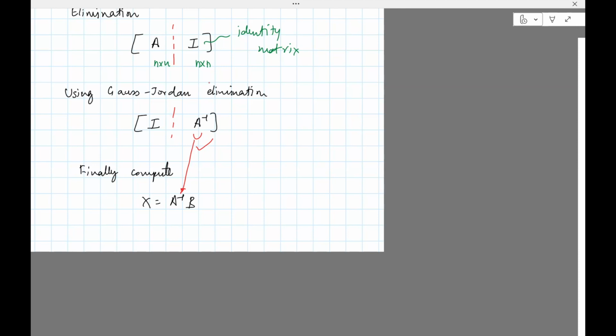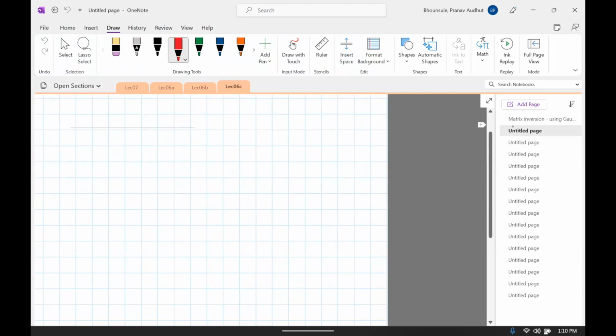So let's solve the same problem we did earlier. Example. Solve AX equals B using matrix inversion.